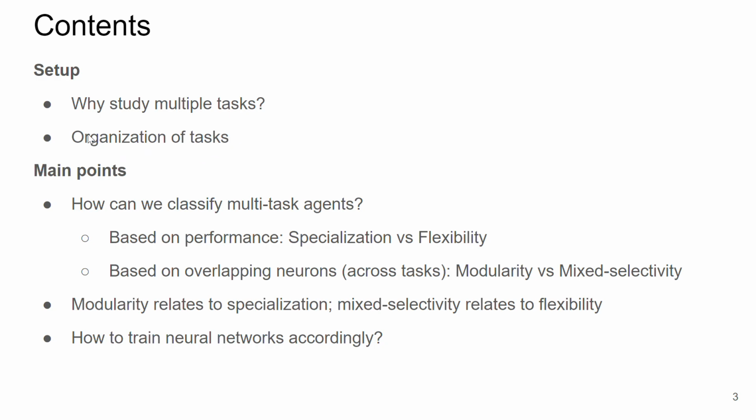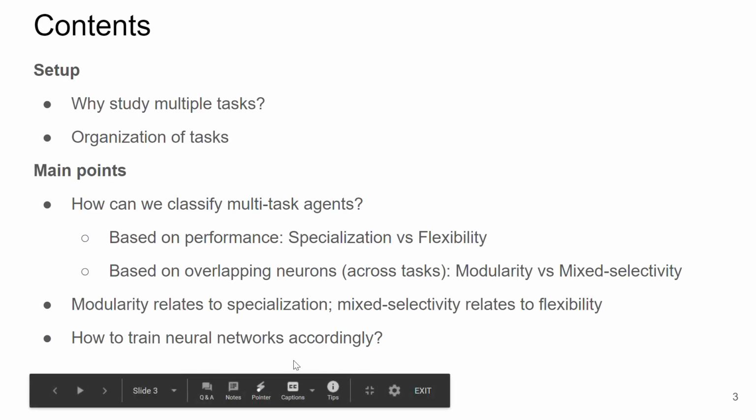Then we move on to the main points of the paper, where we discuss various ways of classifying these multitask learning agents, based on performance and based on overlapping neurons, and we talk about how both of these relate, and in light of all this information, how we can train neural networks.